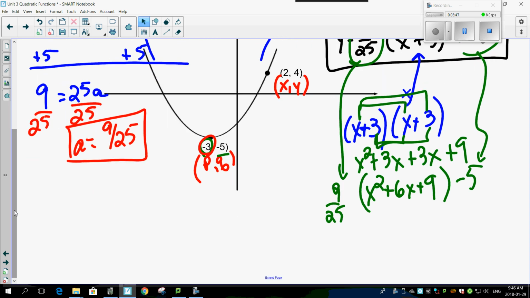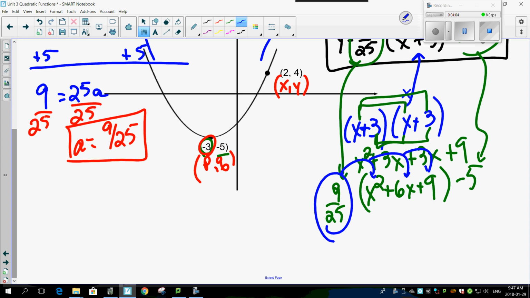And this is where it becomes incredibly challenging now because you're going to be dealing with fractions. So here we go. 9 over 25. I can get rid of that, and I'm going to show you how to get rid of that sometime in the future. But for this particular podcast, I'm just going to keep going with it. Okay, here we go.